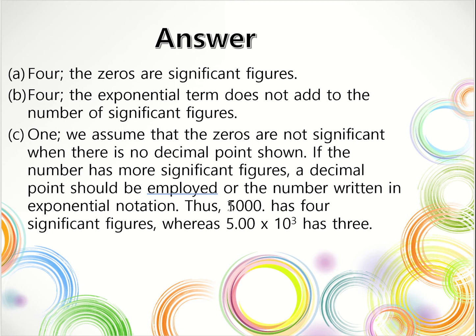Thus, 5,000 with a decimal point has four significant figures, whereas 5.00 times 10 to the 3, which works out to be the same thing, has three significant figures, right? So there are ways to get around this, right? So we can put a decimal point there to make all the zeros here significant. So we have a total of four significant figures, or we can change it to the exponential notation here.